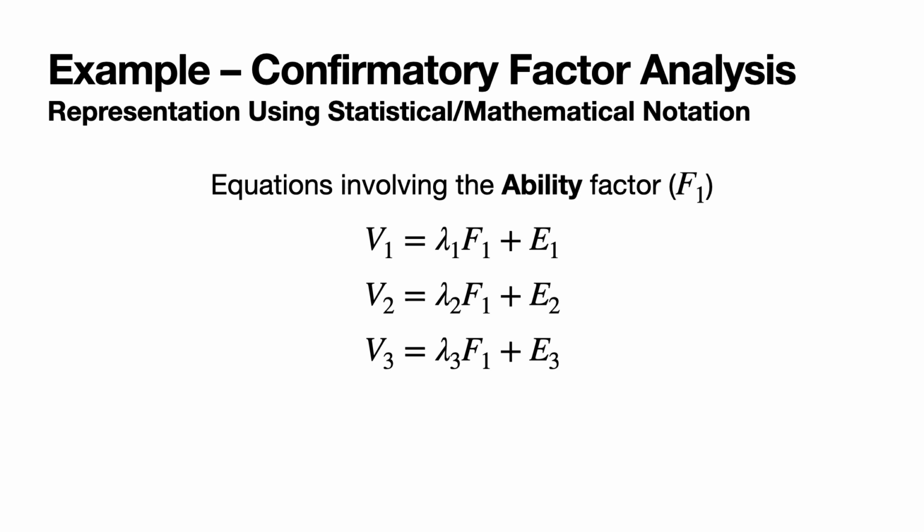V2, which is the GPA in the last year of high school, is equal to lambda 2 times F1 plus its own error term, E2. And finally, V3, which is the GPA in the first year of college, is equal to lambda 3 times the ability factor F1 plus its own error term, E3.